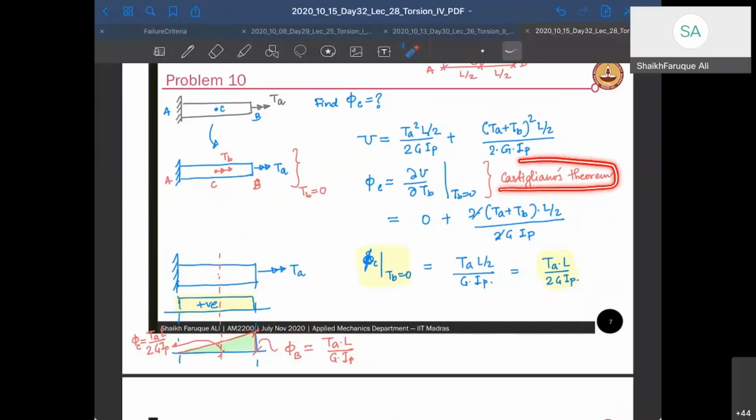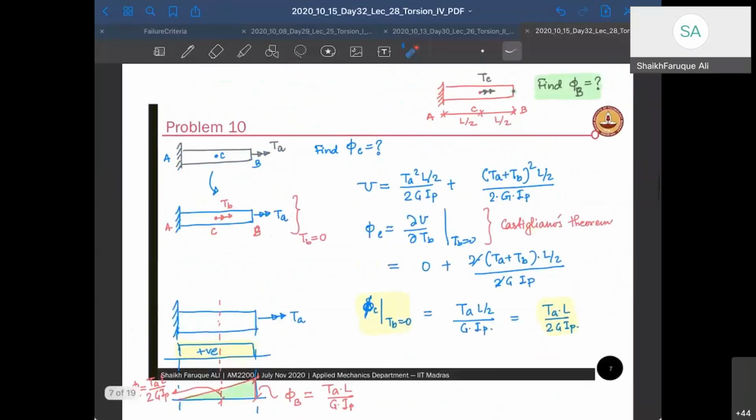We'll learn details of this method later, but you should start using it from now itself, because it takes some time to get the hang of this method. So what am I doing? I'll tell you again. If I have a member loaded with a torque TA at point B, and I've been asked to find the deformation at any other point, even if there are no loads acting at those points, I can find the deformation using Castigliano's theorem.